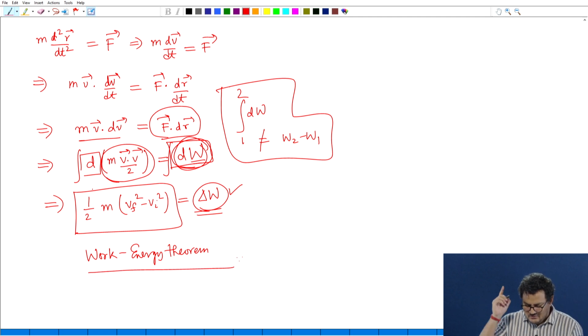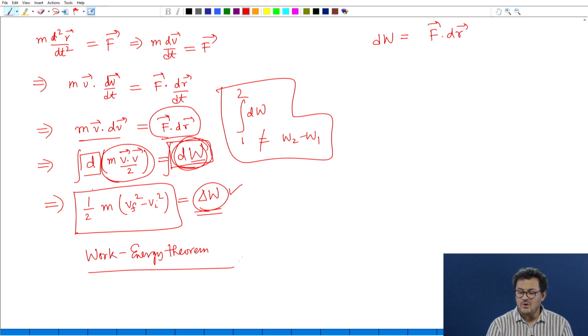Now, the interesting point is, as I said, dW is equal to F dot dr, which is not an exact differential. But if F is of the form minus gradient of phi, then what is dW?